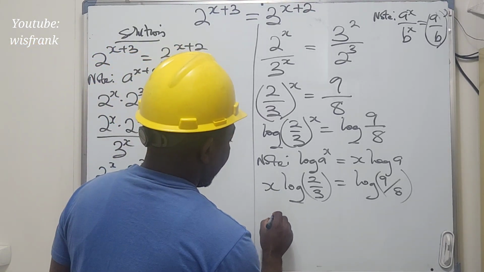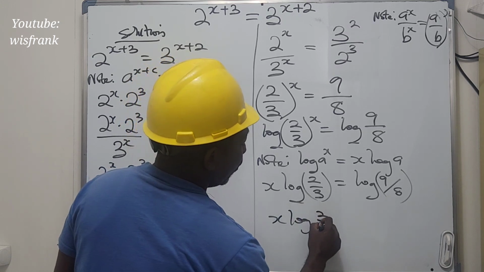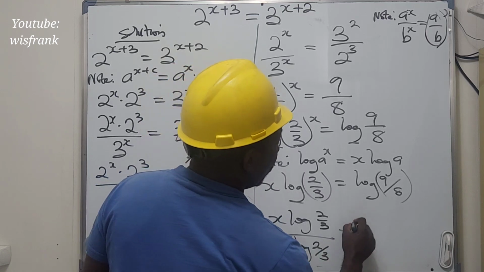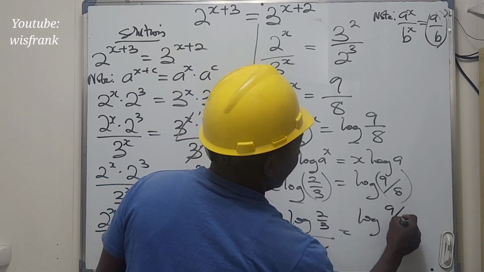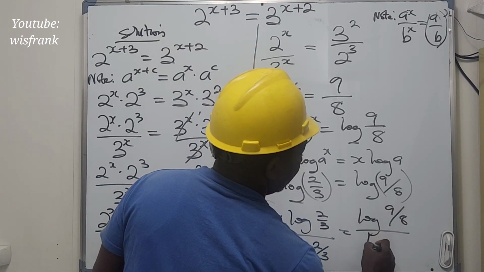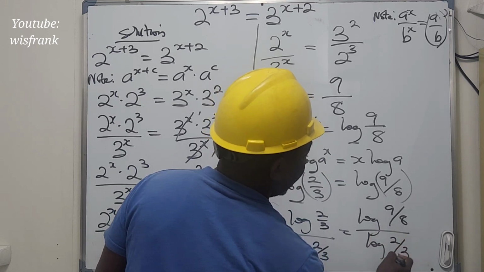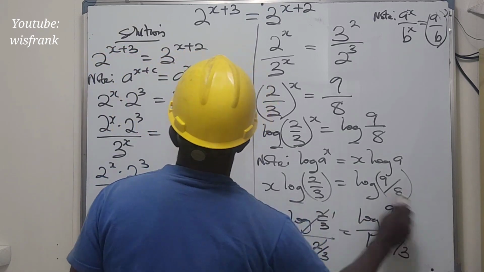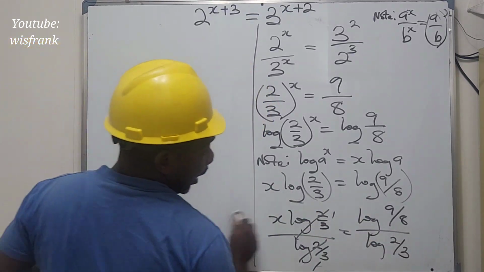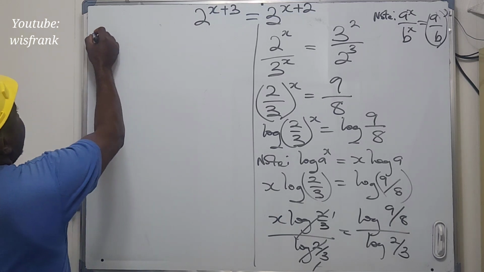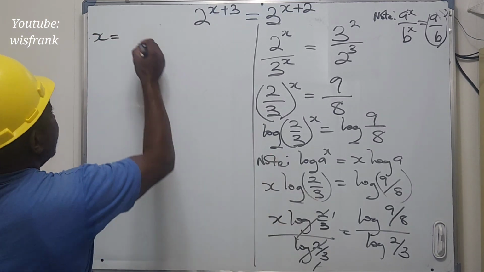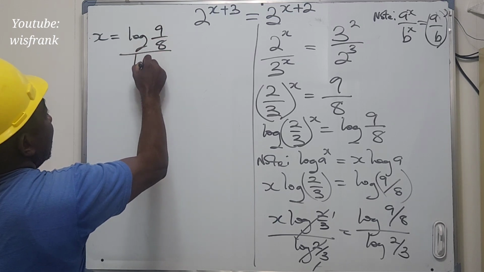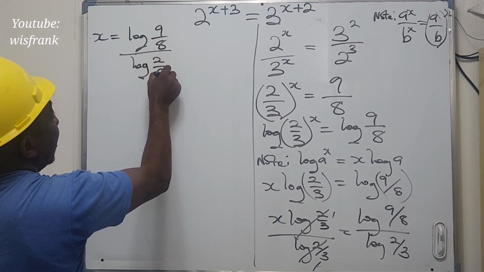Here we can divide both sides by log 2 over 3. So this will become x log 2 over 3 all over log 2 over 3 equals log 9 over 8 all over log 2 over 3. This will cancel here and this will cancel here. We are now left with the value of x, which is equal to log 9 over 8 all over log 2 over 3.